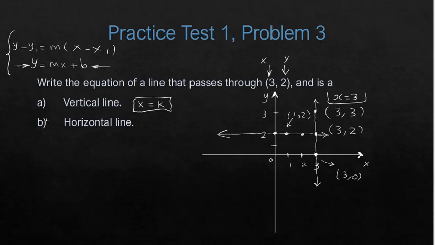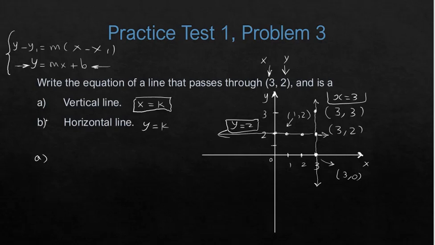Every point along the horizontal line would have the same coordinate for y. So the equation would be y equal to some number. That number would be where your line passes through the y-axis, in this case 2.